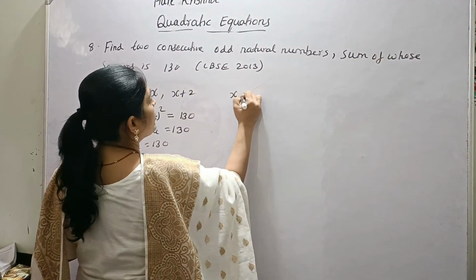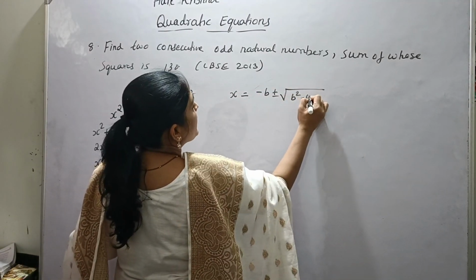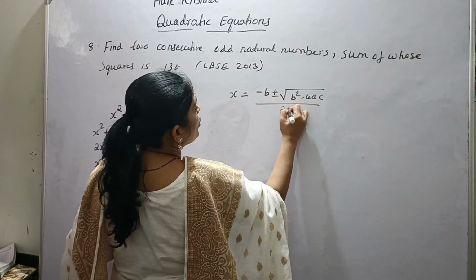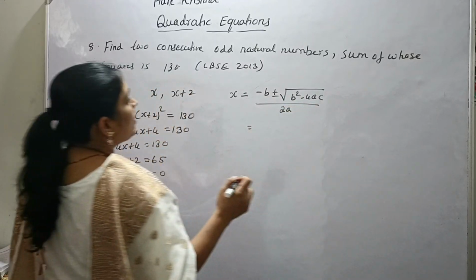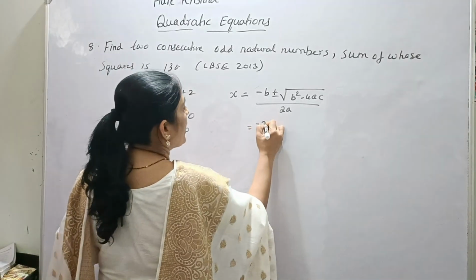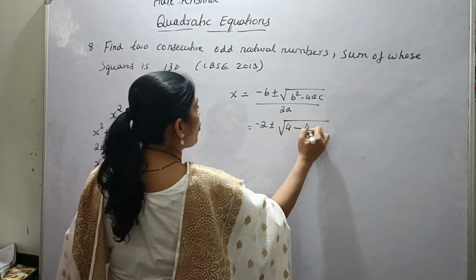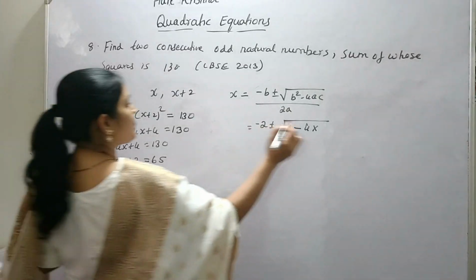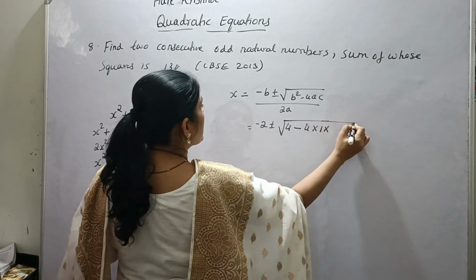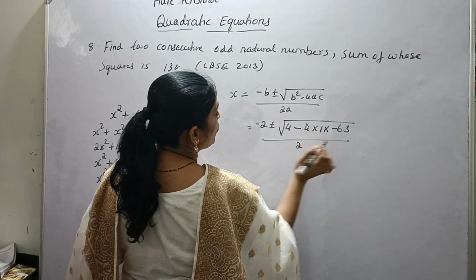x is equal to minus b plus or minus root of b square minus 4ac divided by 2a. That is equal to minus b. What is b here? 2. So minus b is minus 2 plus or minus root of b square, which is 4, minus 4 into a, which is 1, into c, which is nothing but minus 63, divided by 2 into 1, that is 2.